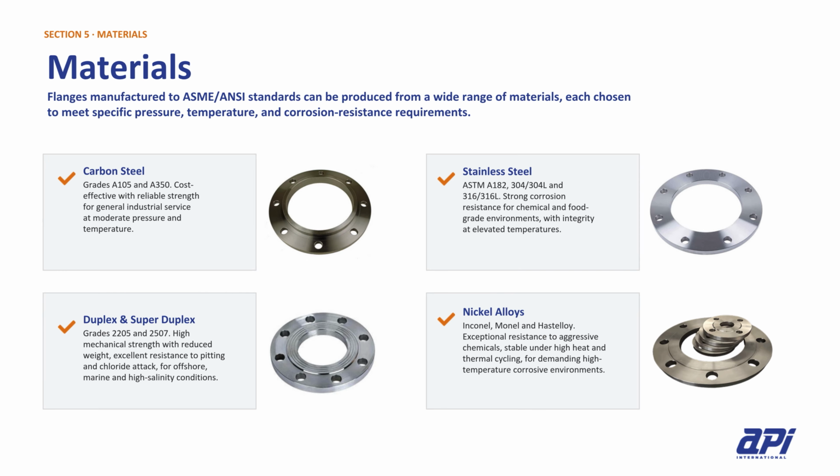Duplex and super duplex grades 2205 and 2507 offer high strength with excellent resistance to pitting and chlorides for offshore and high salinity conditions. And nickel alloys like Inconel, Monel, and Hastelloy handle the most aggressive chemicals and high temperature services.